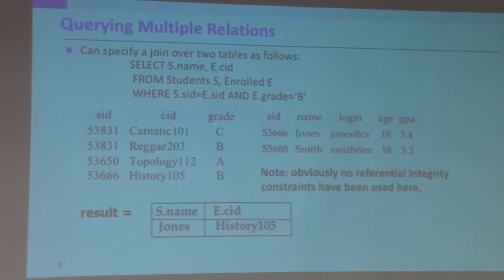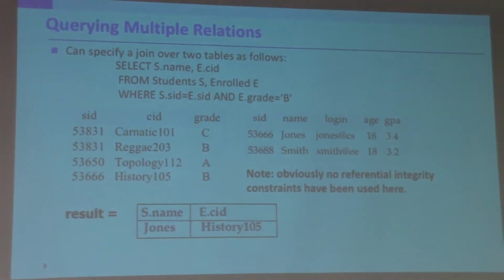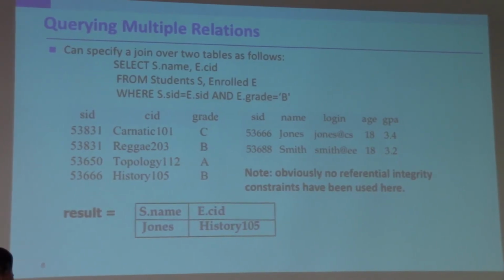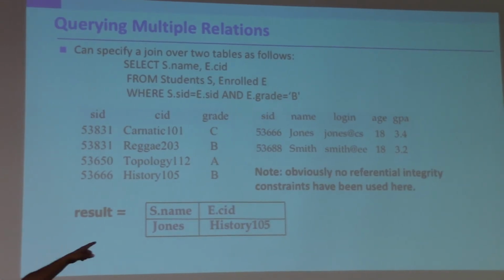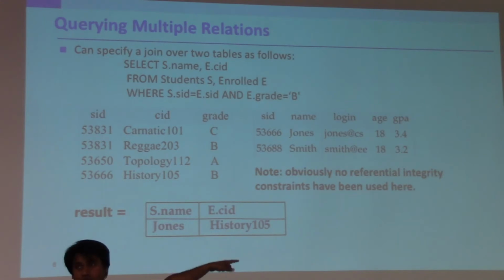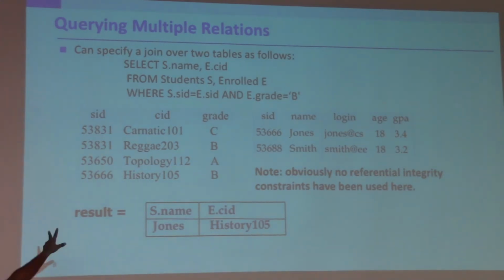You all have almost covered that in the undergrads, that's why I'm taking a bit more time so that you can understand the things that are there. Anyone? Why does it say that obviously no referential integrity constraint has been used here? Anyone?